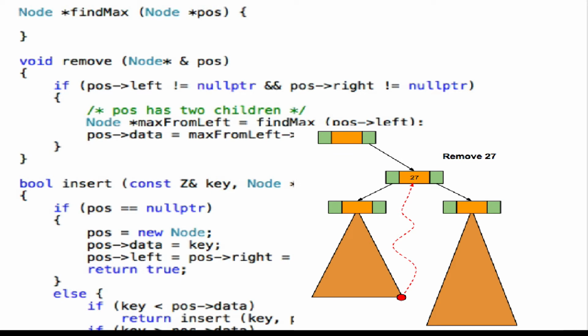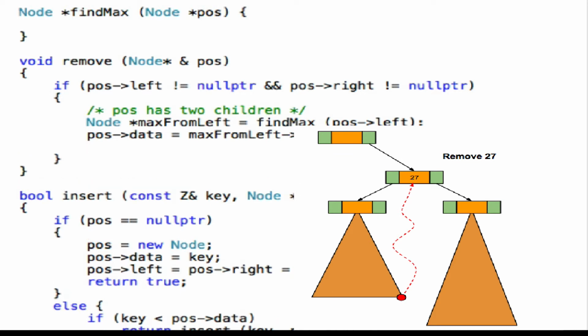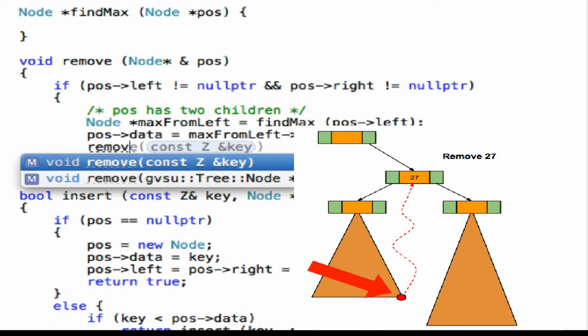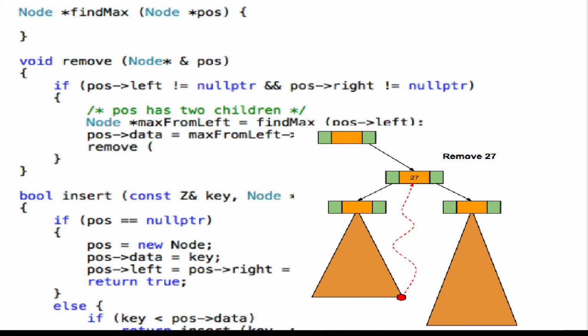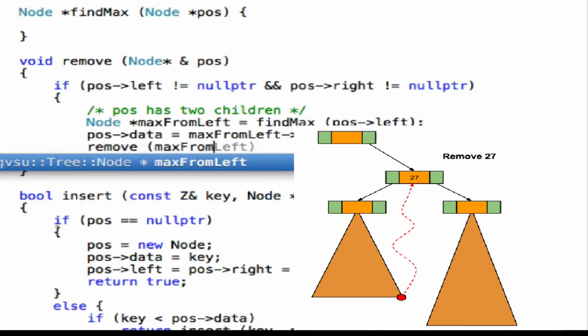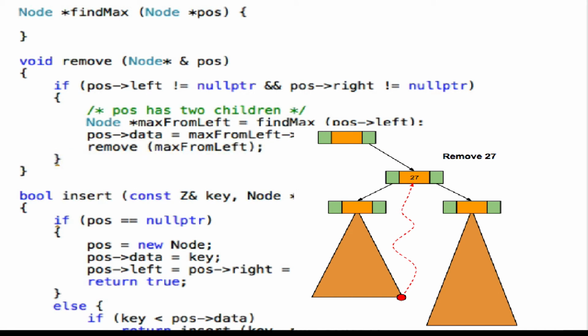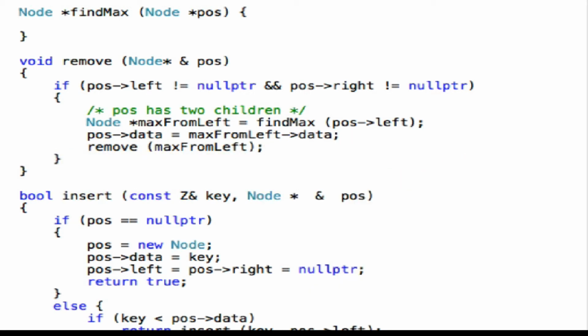And then what is next? I'm going to make a recursive call because now I need to start removing from there. So my next call will be a recursive call remove again, but my remove will start from max from left. We're done, at least to handle that part. Any question?